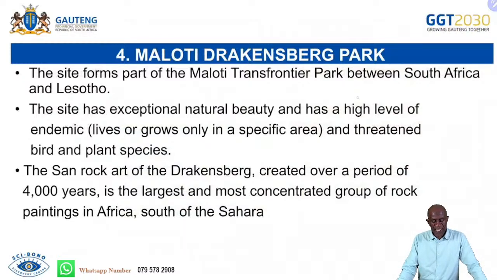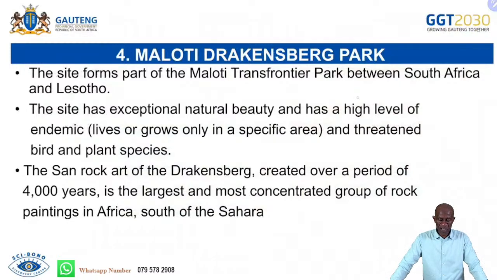The site has exceptional natural beauty and has a high level of endemic life, or life that grows only in a specific area. So endemic here suggests that certain species only grow well or survive adequately in a specific area, and threatened birds as well as plant species.